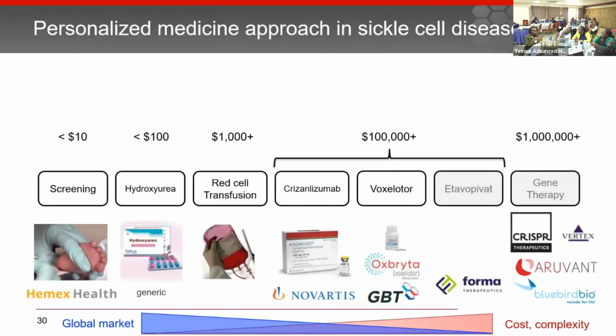From screening, there was the development of Voxelotor, hydroxyurea, then we have transfusion, then these new drugs being developed, Crizanlizumab, then the new gene therapy. These all remain a very complex situation where, as developers or researchers, we have a very big task on how to improve these things.